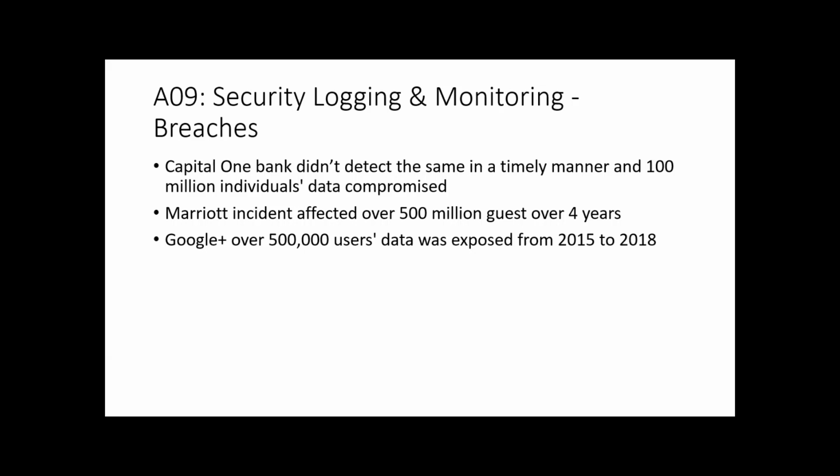Similarly, with Google Plus, before it shut down, they identified that 500,000 users' data was exposed from 2015 to 2018. So even a company like Google didn't have reasonable logging and monitoring security available.